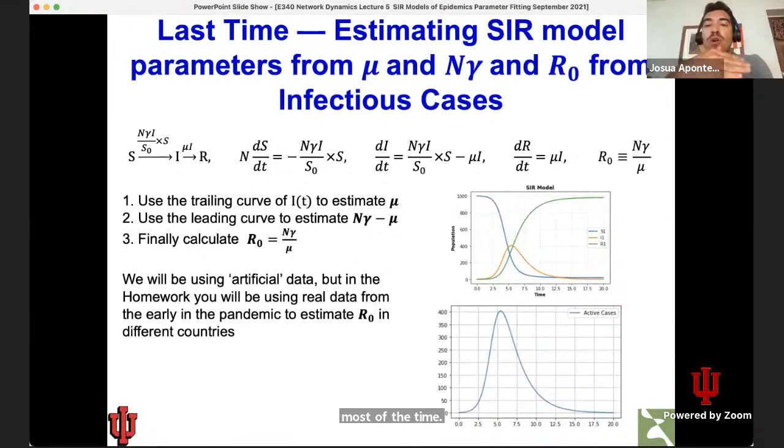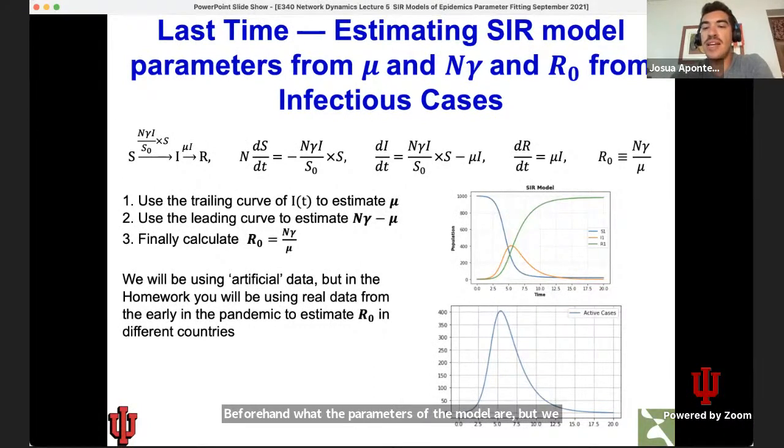We do not know beforehand what the parameters of the model are, but we do have access to some data that can possibly reflect the dynamics of the model, and if we assume that the data behaves as an SIR model, then we can estimate what the parameters of the model are from just this data.